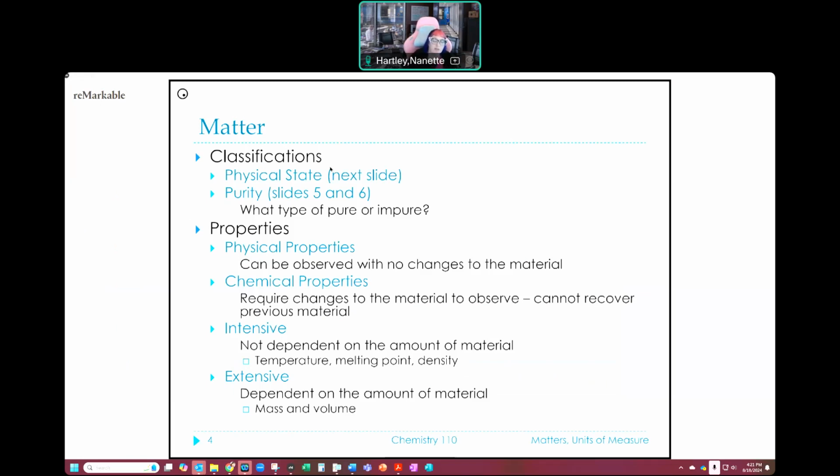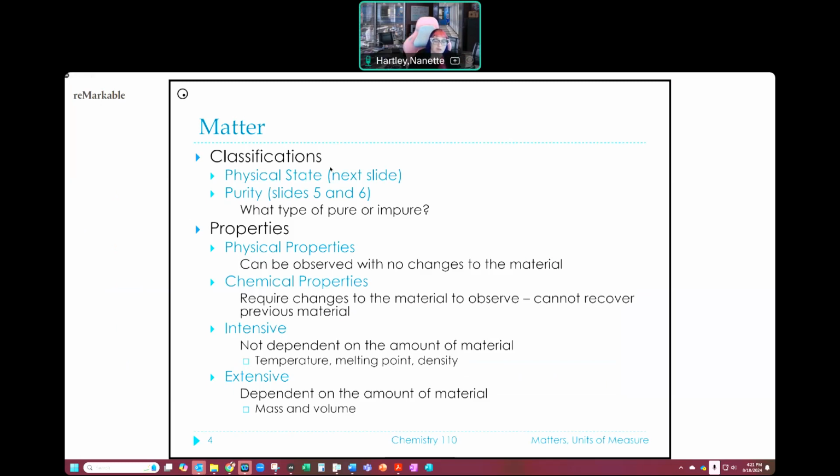And so how we measure that in terms of the mass, looking at a balance, how accurate is that balance? I'll get back to the accurate and precise in just a minute. What is the volume? How much of that material do I have in the liquid form? Okay, so we can talk about the mass in the solid form and the volume of the liquid. Okay, but that brings us to our physical states.